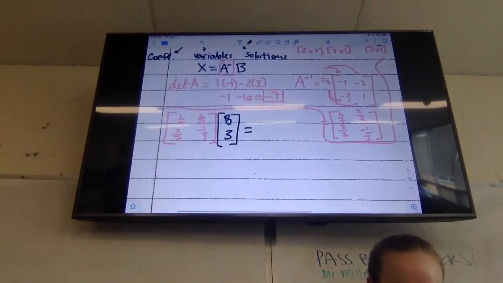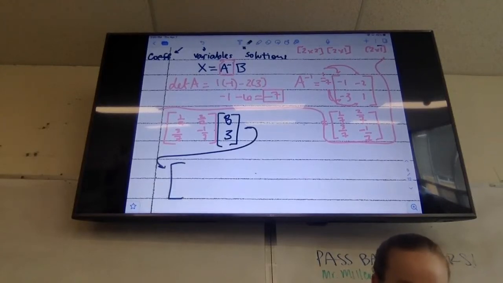And again, as much as you want to use your decimals, I'd rather use a fraction. 1 over 7 times 8 is going to be 8 over 7. 2 over 7 times 3 is going to be 6 over 7.